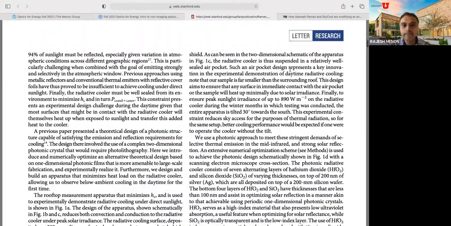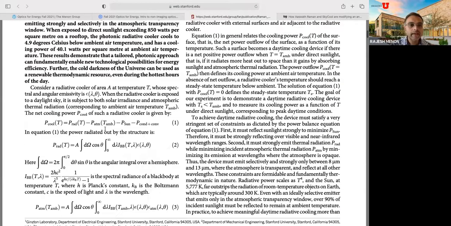The idea is that if they can increase this first term more than these other terms, then you can make this P cooling positive, which means that now you can cool down this object. So you want to make this temperature T to be less than the ambient temperature T_amb. And that's exactly what they did. They designed a device such that this is higher than all these terms.